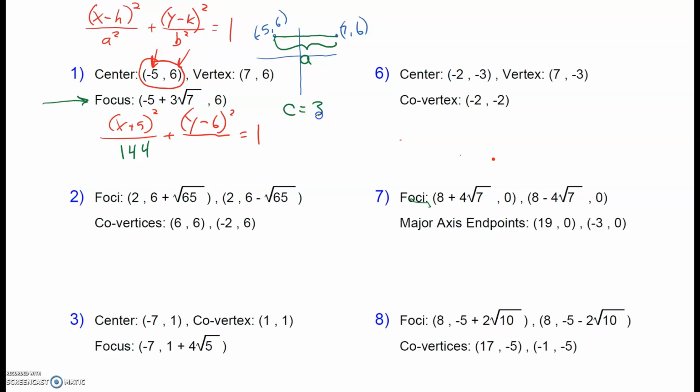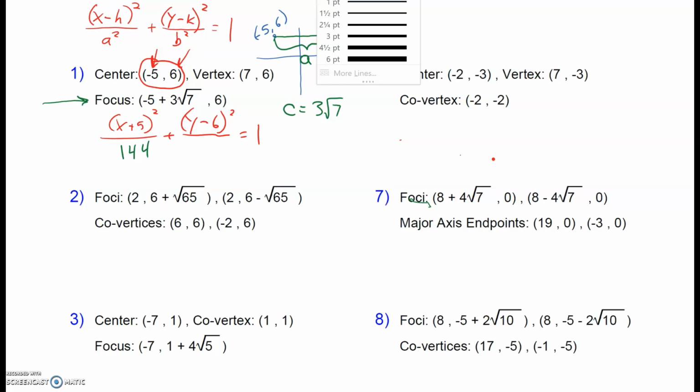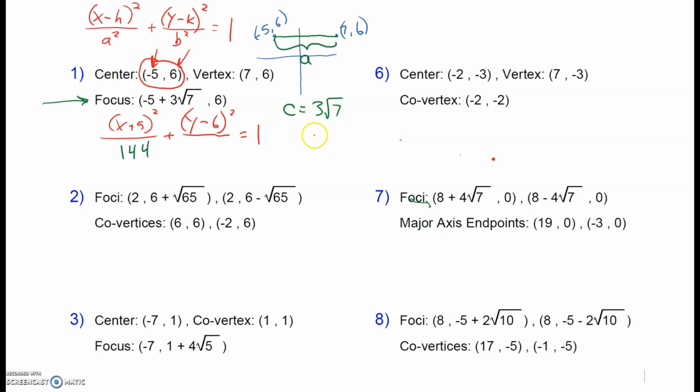Okay, so now we need that denominator, and we know that 3 root 7 is c. So c is 3 root 7. I can put this a little bit differently. I know that c is the square root of 9 times the square root of 7, which is the square root of 63.